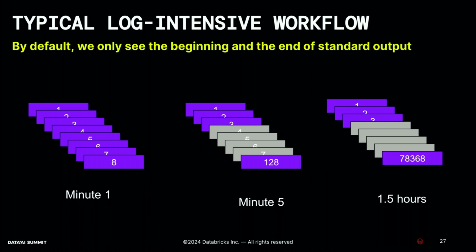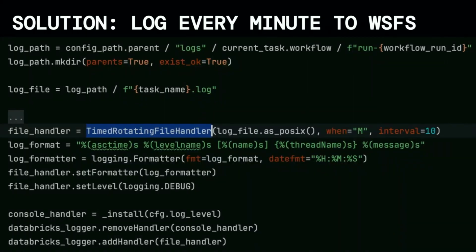Well, quite simple. You either add a centralized logging solution like the Elasticsearch, Logstash, Kibana stack or Splunk, or you log every minute to a Workspace file system with a time-rotating file handler. Why do you need to do that? Well, first of all, Workspace FS makes a file available in the browser only after the file handler is closed.